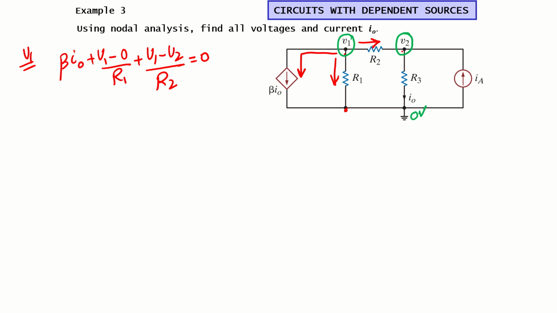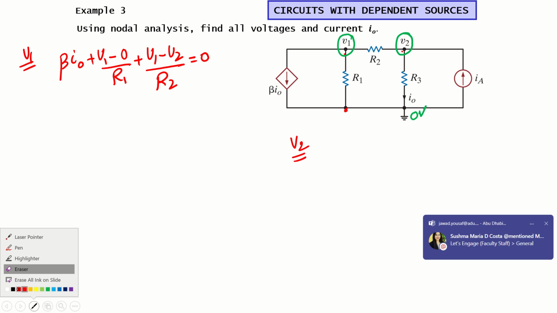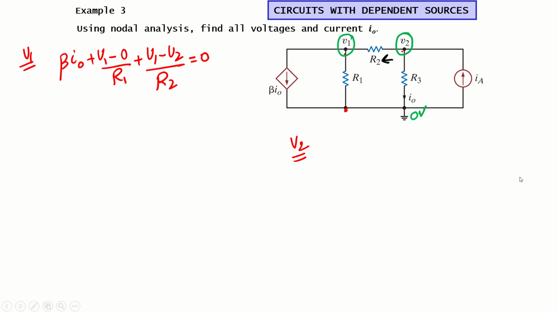So we have this equation here, and secondly, let's write the equation for V2. Again, all currents are leaving. Let's assume the currents leaving the node are this one, this one, and this one.